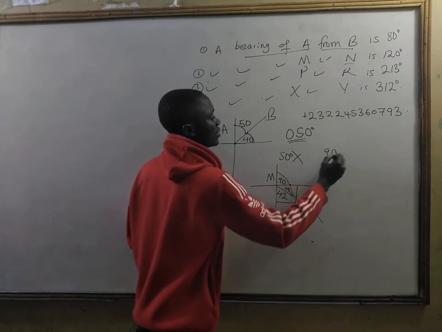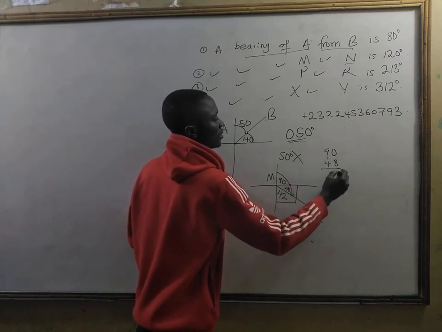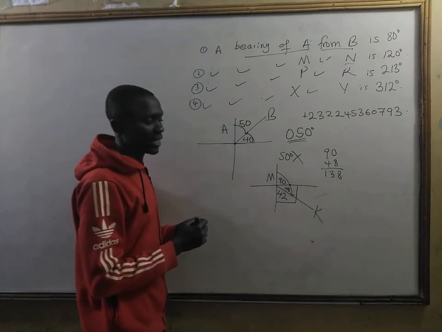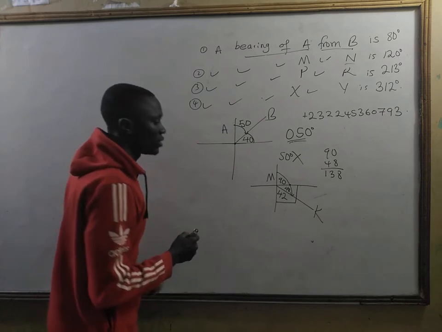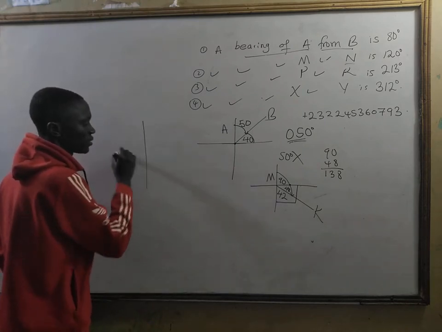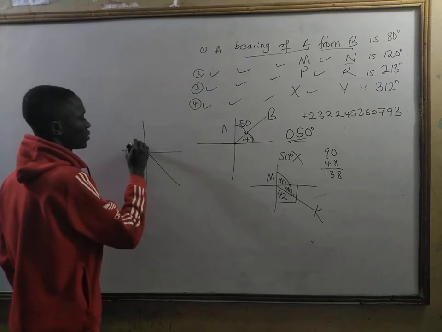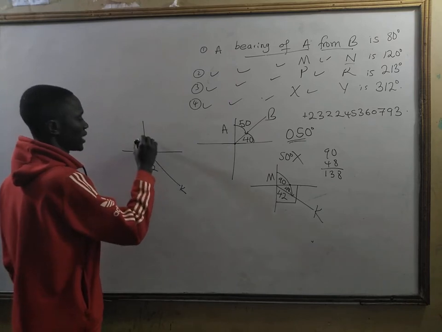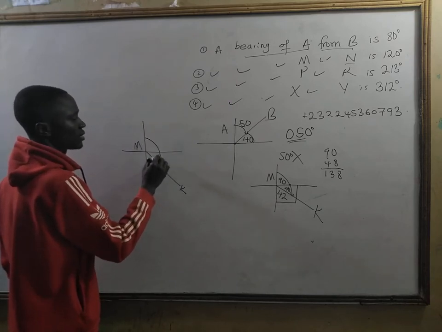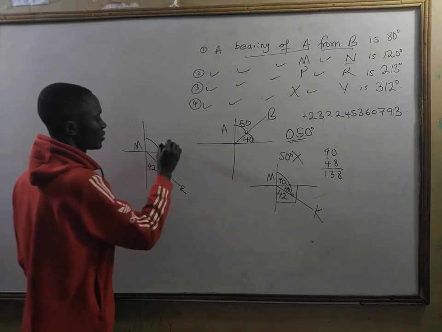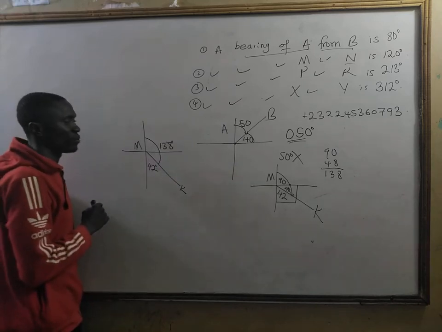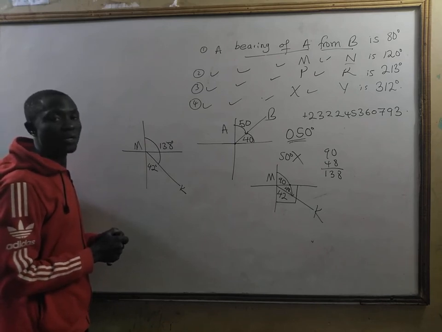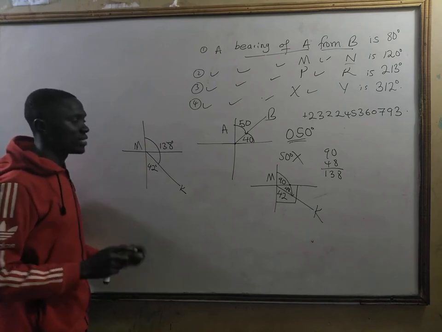That is 90 plus 48, that's 138. That is very simple. So the bearing of K from M is 138 degrees. Very simple.